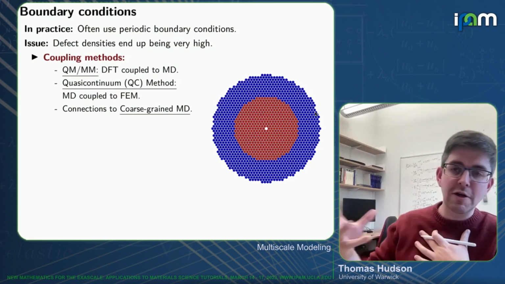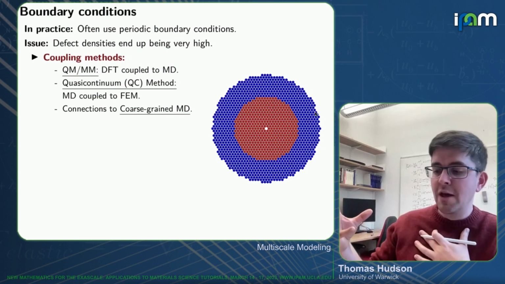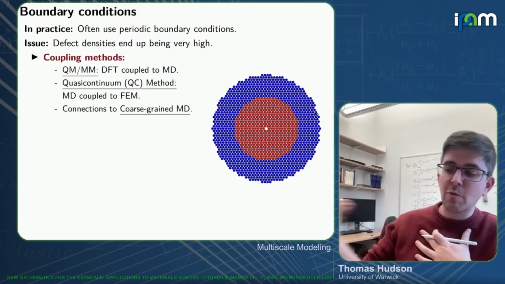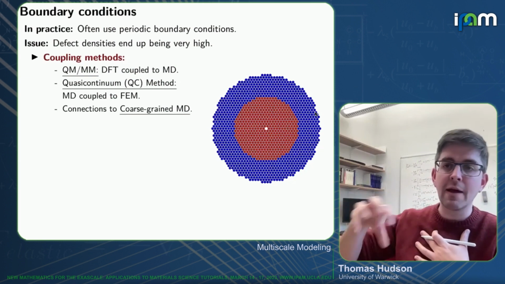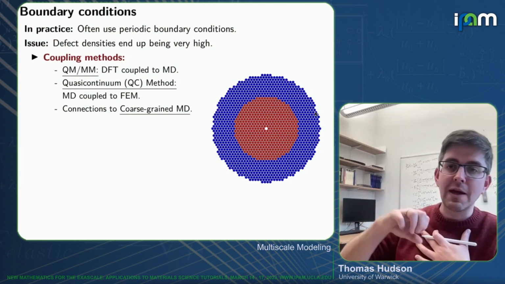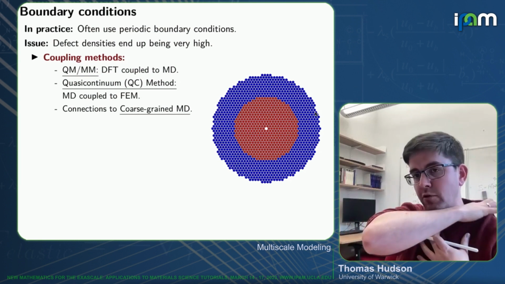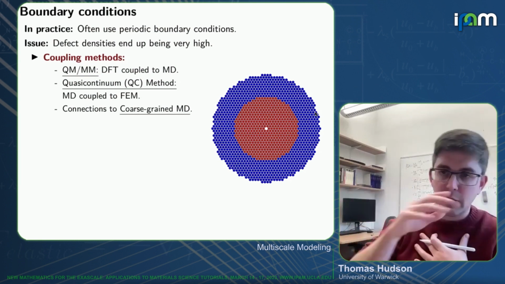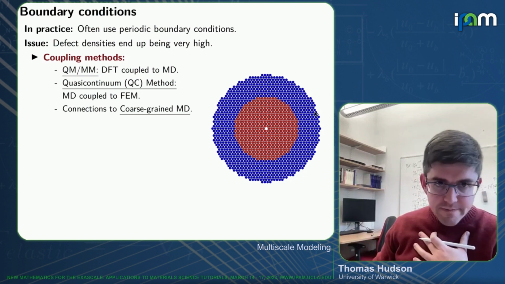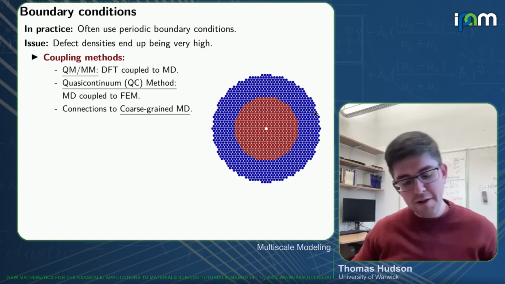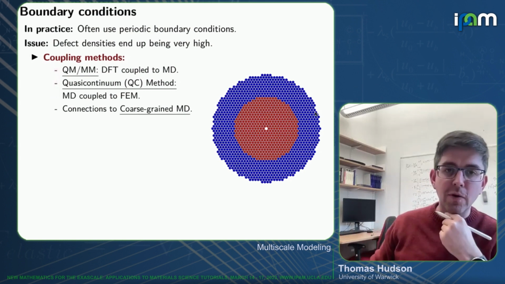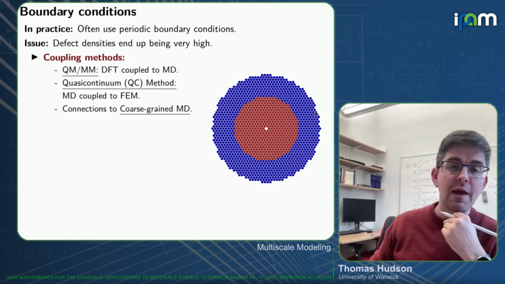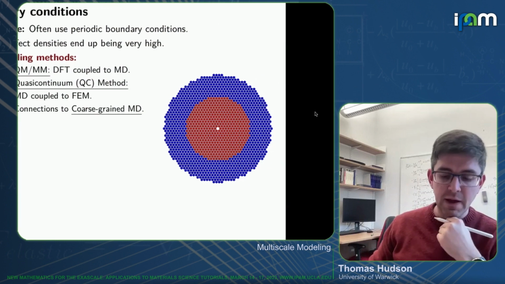Here, typically you're trying to push what you can afford with your given computational resources by maybe lumping atoms together in regions that are not so interesting for what you're trying to simulate. I'll talk a little bit more about that later on. But I guess the proper coupling methods straight out of the box are these QM/MM and QC methodologies.